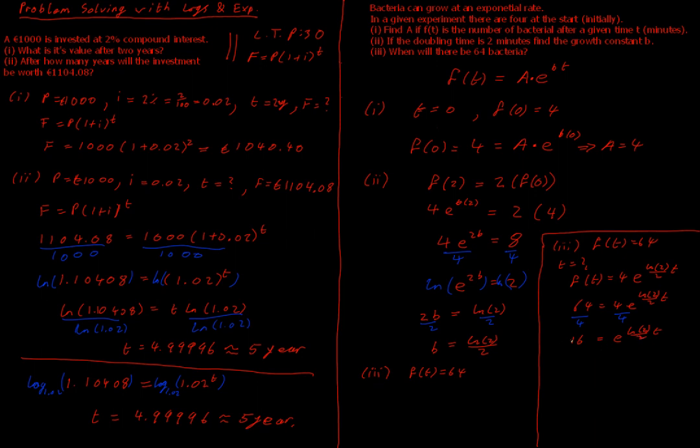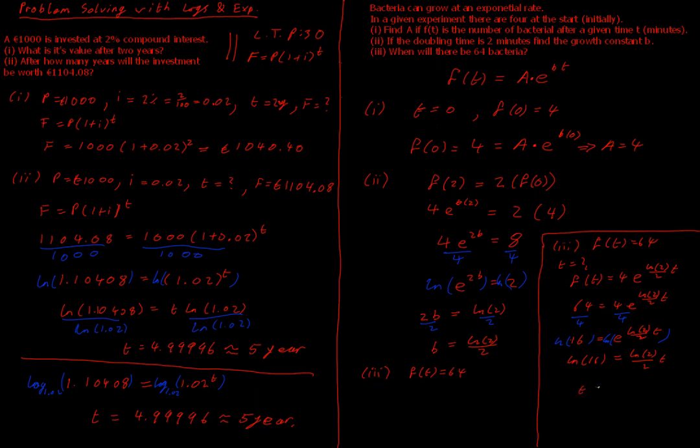Take the natural log of both sides. I get the ln of 16. Natural log of 16 is equal to ln of 2 all over 2 by t.